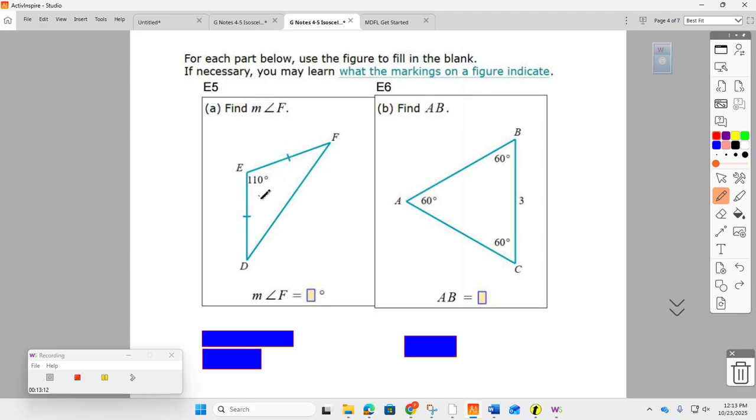So what does that tell us? And we know that one of the angles in that triangle is 110, right? The question asks us to find the measure of angle F. So we want to know, what is that angle? Total 180 degrees. Anybody have an idea how we would find the measure of angle F? Elizabeth?